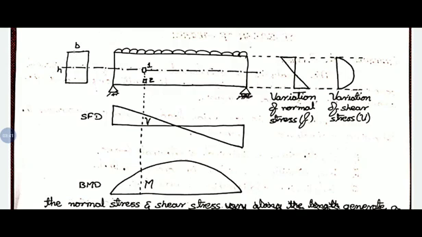Here, the moment, BMD, will be a parabolic variation, and the SFD will be triangular. In the same manner, along the cross section the shear will vary. Normal stress varies linearly, and the variation of shear stress will be in parabolic form.